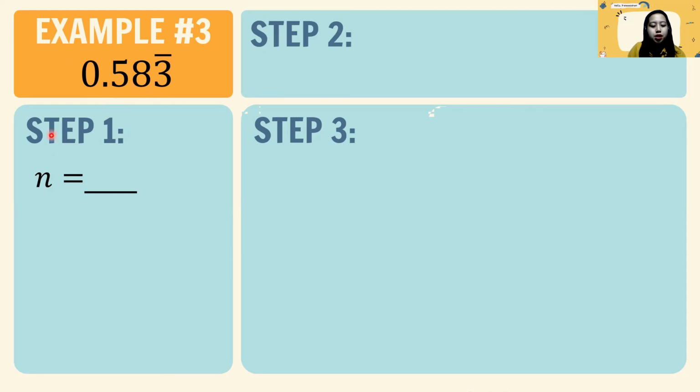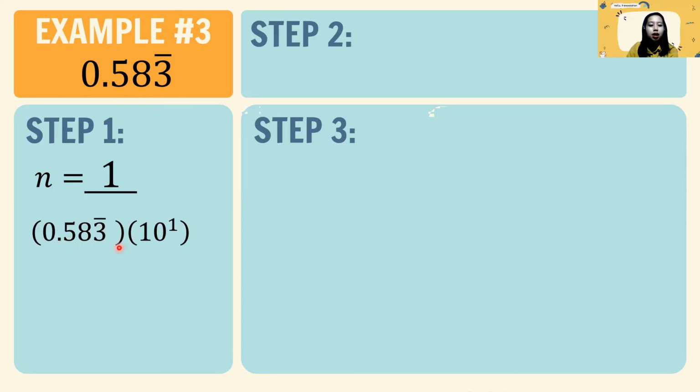The first step is to multiply the given decimal by 10 raised to n, where n is the number of digits in the repeating block. Can you identify how many digits in the repeating block there are in this example? So n will be 1, since the repeating block only indicates 3.